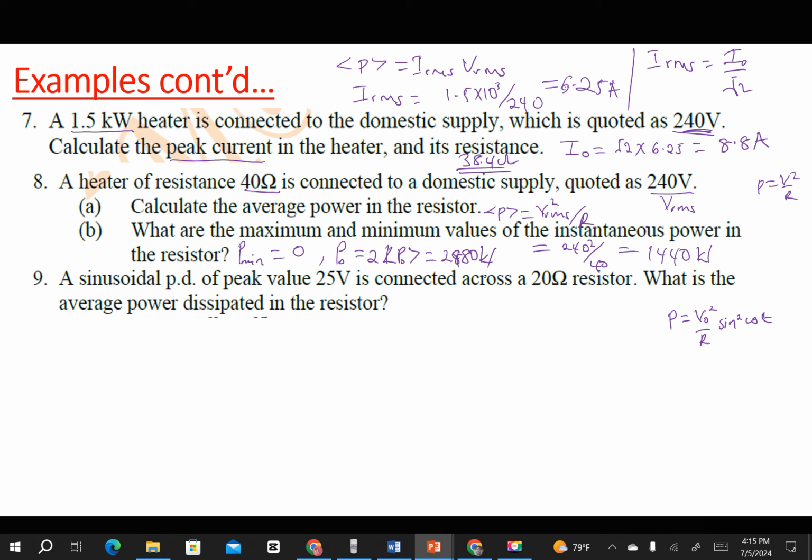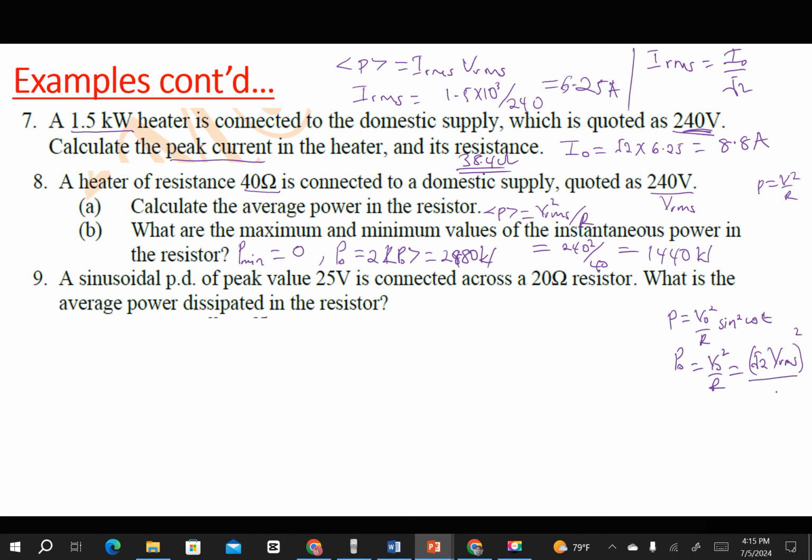Alternatively, if you don't want to use that, you can check. We have maximum power occurs when sine squared omega t is equal to 1. So maximum power is going to be V naught squared divided by R. Remember, V naught squared is equal to the root of 2 times V root mean square, because V root mean square is V naught over root 2, but this should be squared.